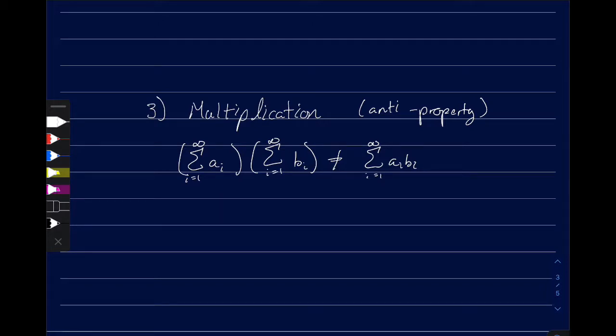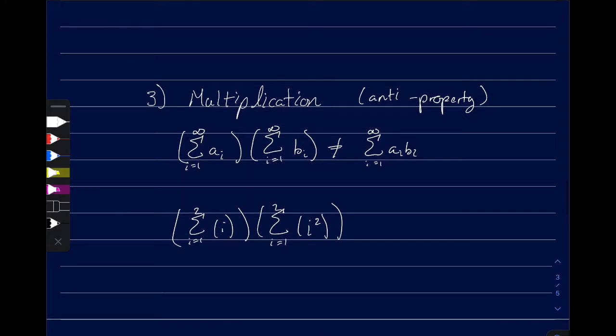And the way to see this is, what if we just take a partial sum? So we look at the sum from 1 to 2 of, let's say, i, and we multiply that by the sum from 1 to 2 of i squared.